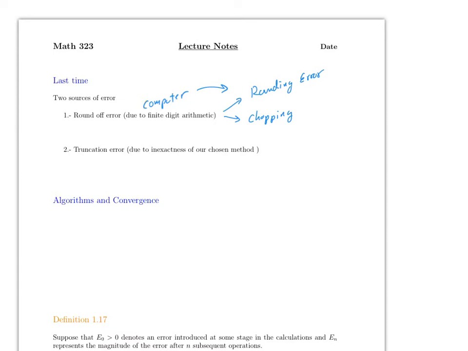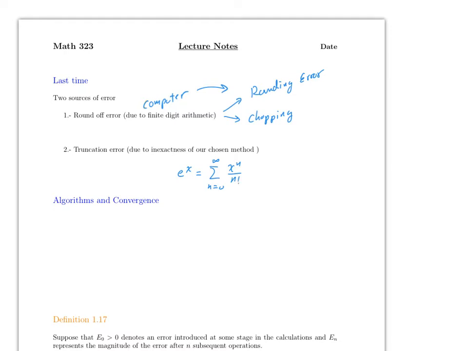The second type of error is truncation error, and that is related to whatever method you're using. For example, remember that e to the x, this is from Calculus 2, the Maclaurin series.